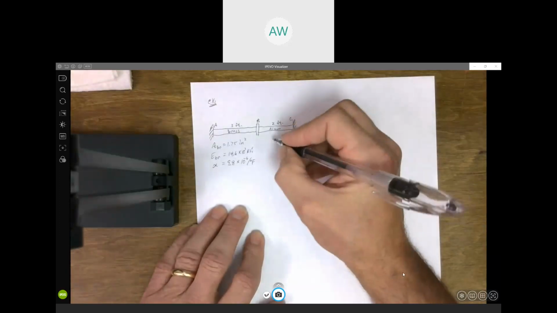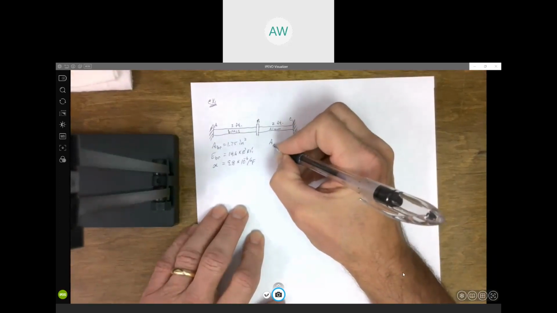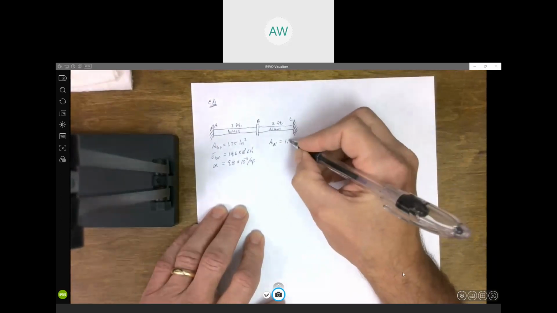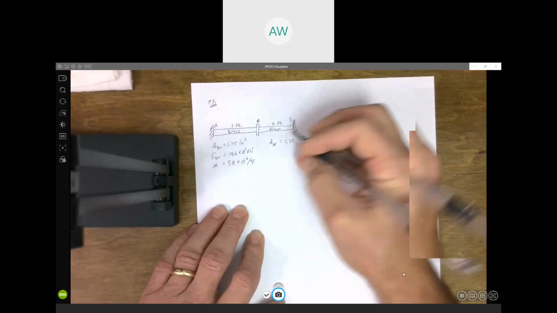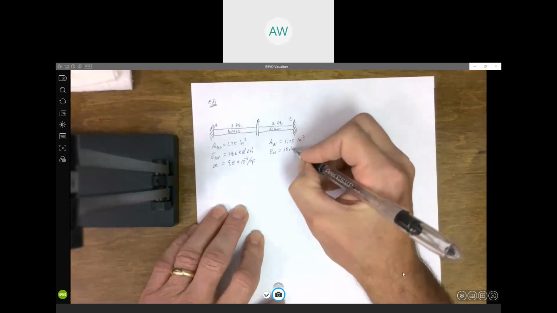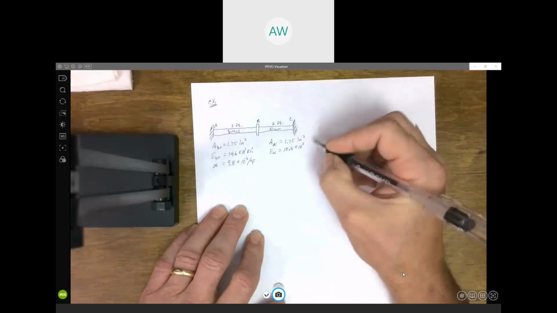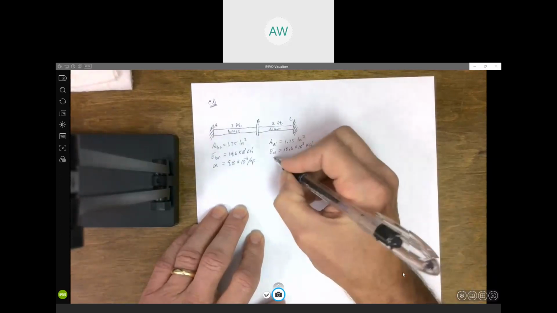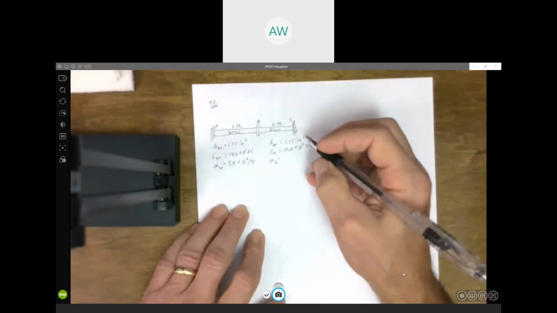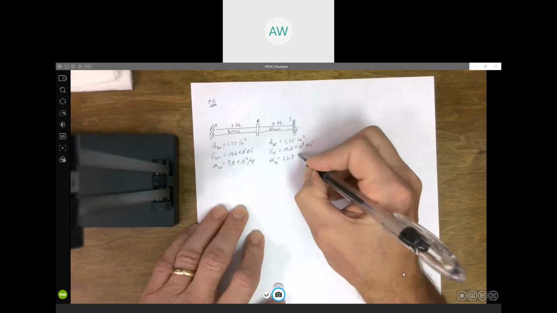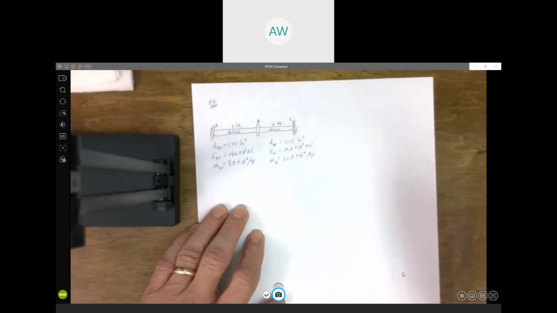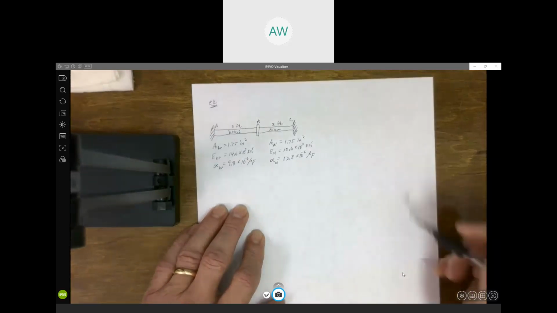And over here for the aluminum, we're told the cross-sectional area is the same, 1.75 square inches. Modulus of elasticity, 10.6 times 10 to the third KSI. And alpha, for the aluminum, 12.8 times 10 to the negative 6 per degree Fahrenheit. Right?